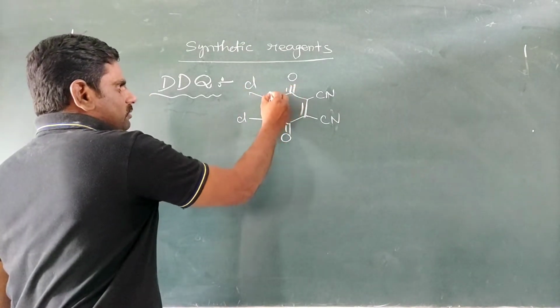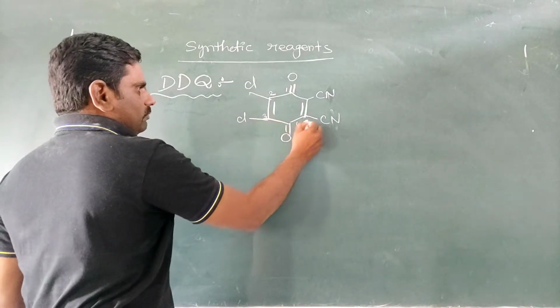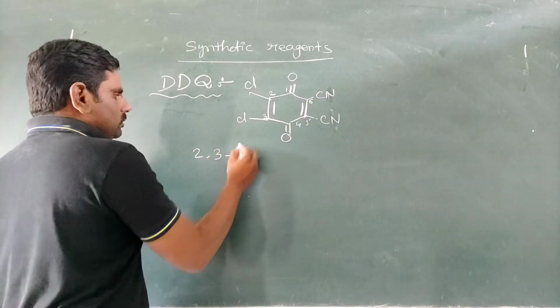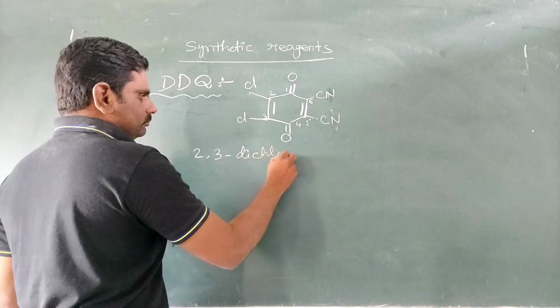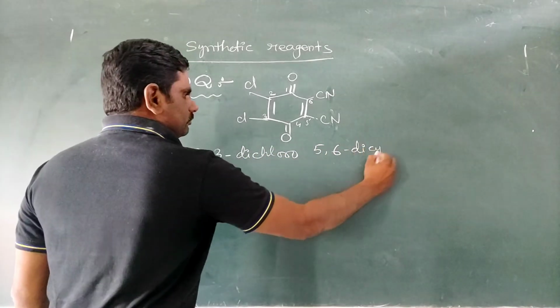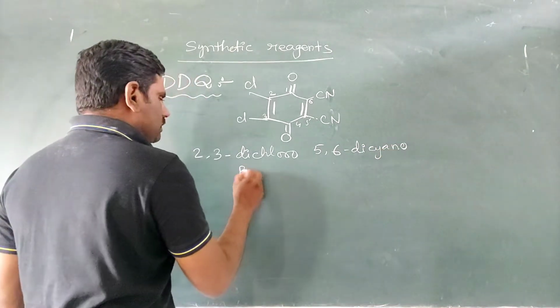So from here we give numbering 1, 2, 3, 4, 5, 6. The name is 2,3-dichloro-5,6-dicyano benzoquinone.